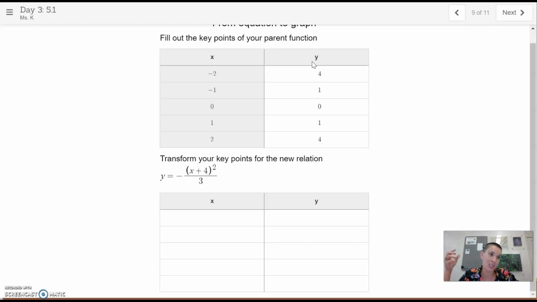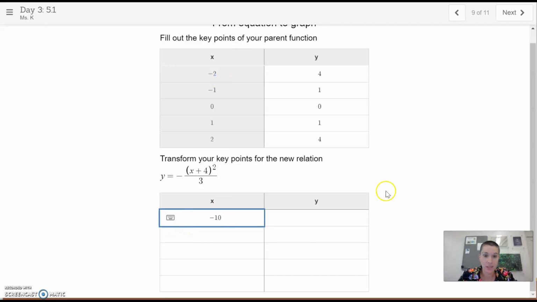Just like PEMDAS, you're going to multiply first, then do your addition or subtraction. So the first thing we're going to have to do is multiply our x value by our stretch factor. So we're going to multiply x by 3. So we get -6. Then we'll do our translation of -4. So we have -6 minus 4 is -10.